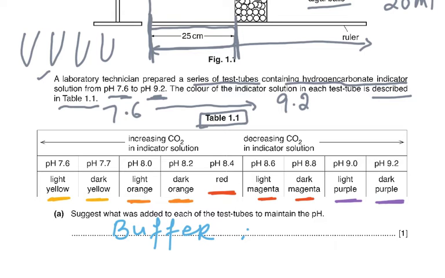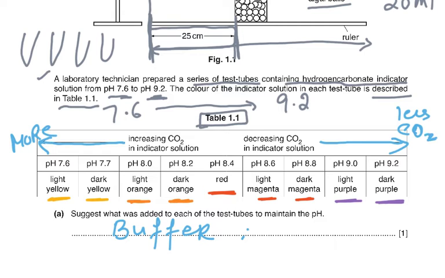Now, on this side, we have increasing carbon dioxide concentration. So that means here there will be more carbon dioxide. And on this side, we have decreasing carbon dioxide concentration, so less carbon dioxide.